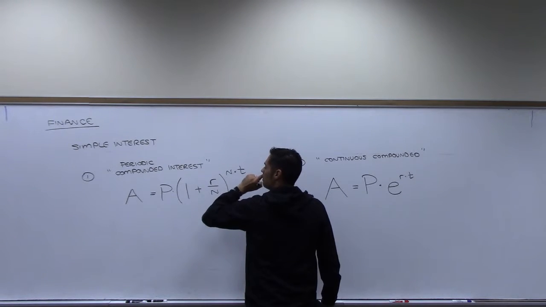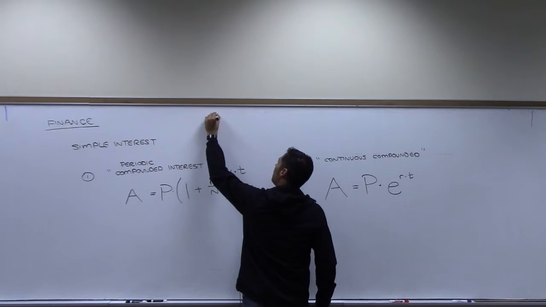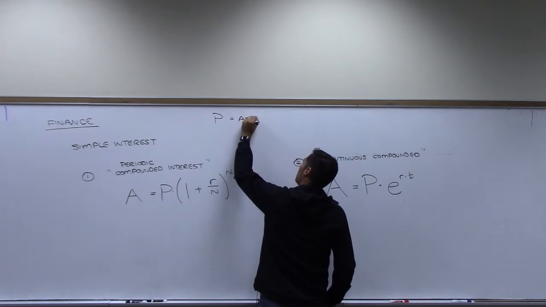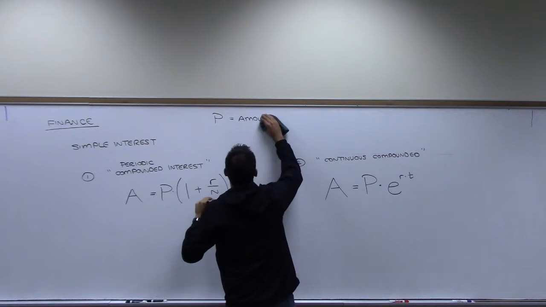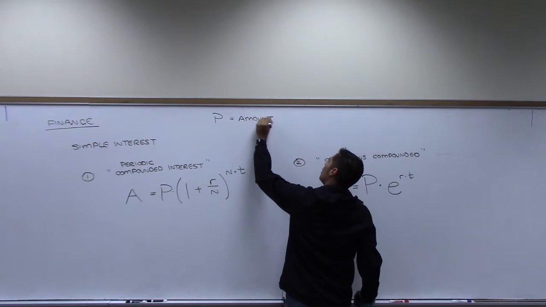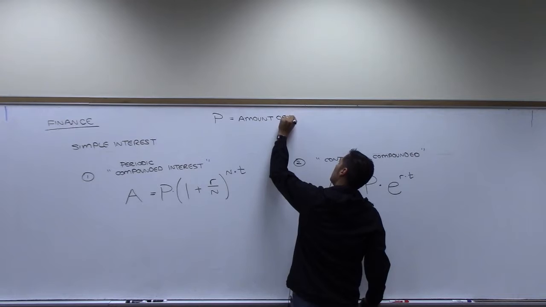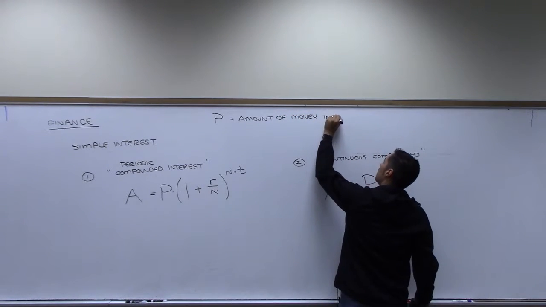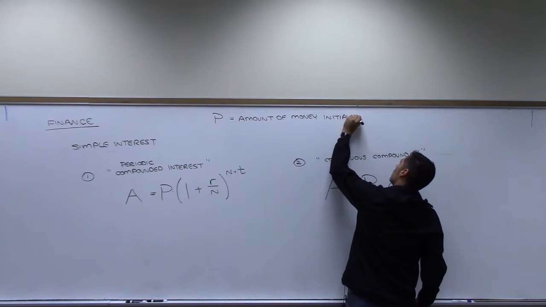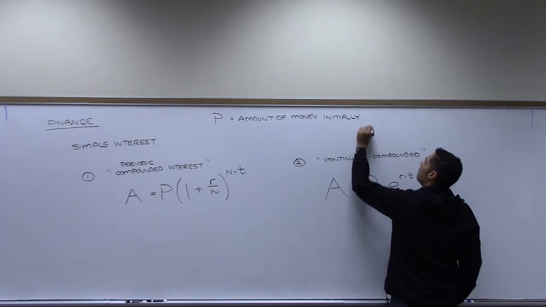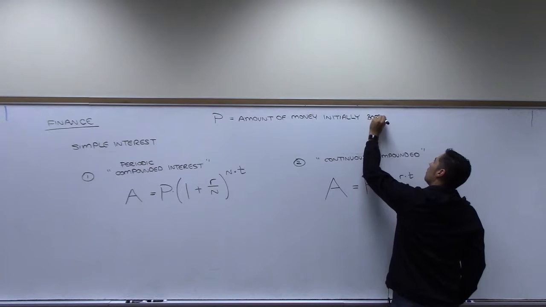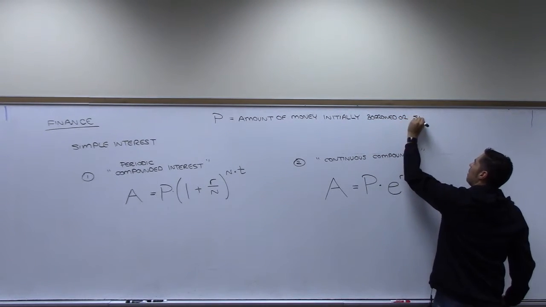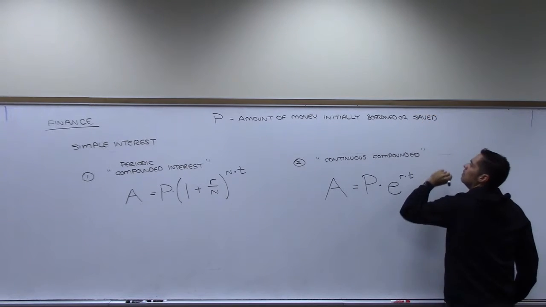Well, let me go, not A, let's start with P. P is the amount of money initially borrowed or saved, you could use the word invested.